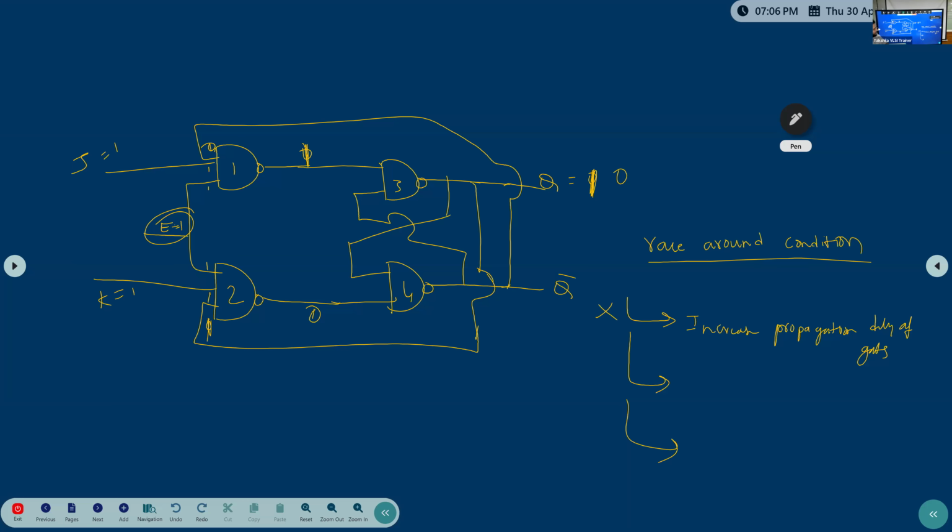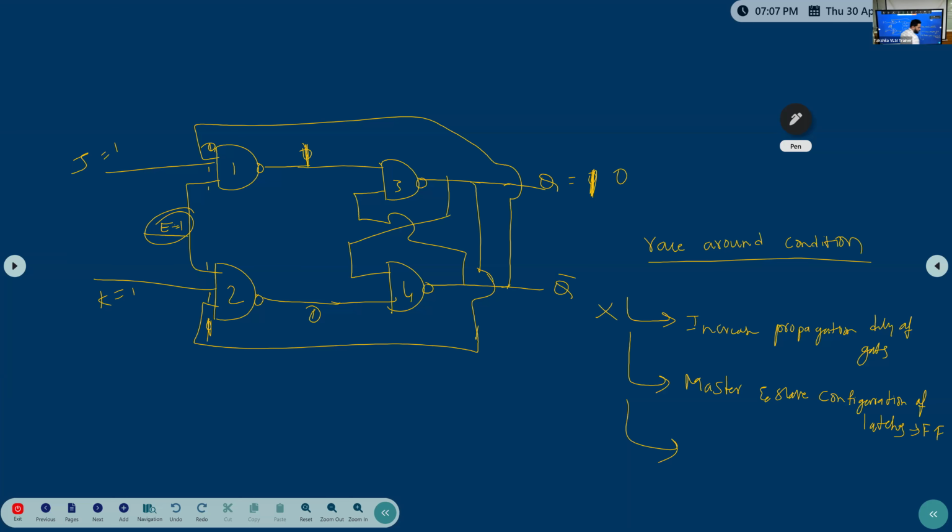Next, what is the solution to overcome the race around condition? Master slave configuration of latches. This master slave configuration of latches means it is a flip-flop only.